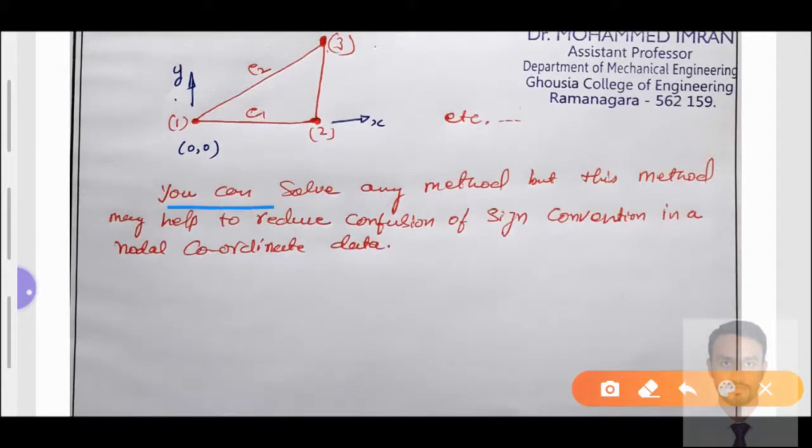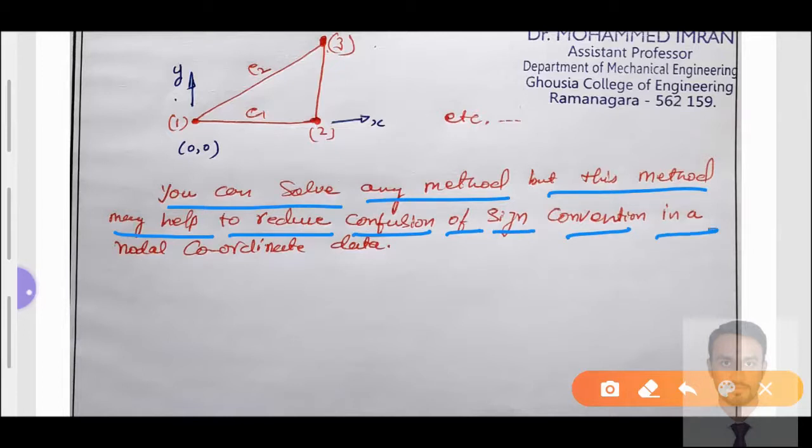You can solve by any method, but this method may help reduce the confusion of sign convention in the nodal coordinate data. It is only for the purpose of nodal coordinate data. When we solve the problem in the first step, it will remove the confusion in sign convention, right?